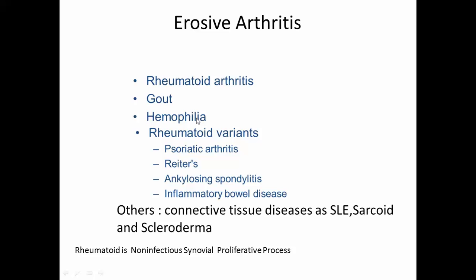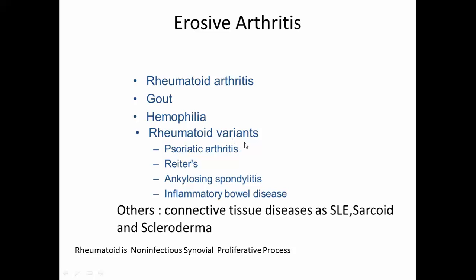In hemophilia, being due to excess bleeding within the joint, there is hyperproliferation, the joint appears bigger or larger than expected, and there are some erosions along margins.